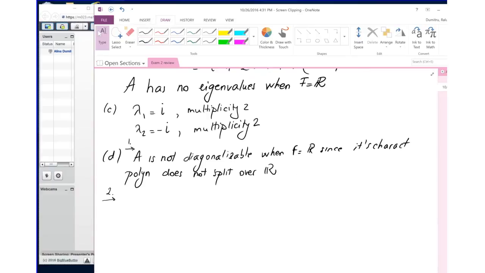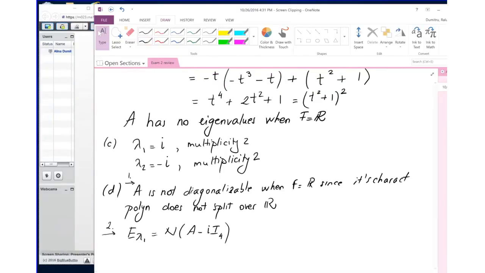So we go further here and we look at E lambda 1 and E lambda 2, the eigenspaces. So E lambda 1 is the null space of A minus lambda 1 identity, so A minus i identity, 4 by 4. And that is the matrix.